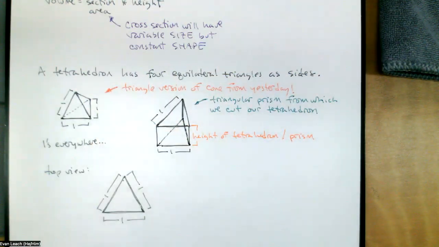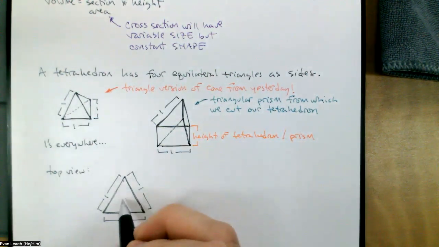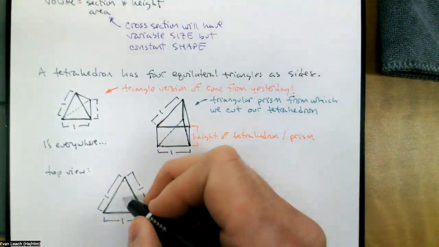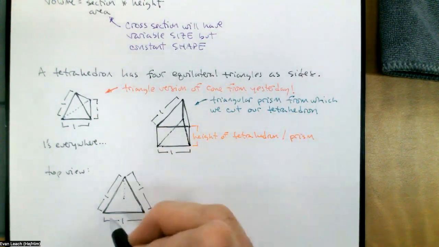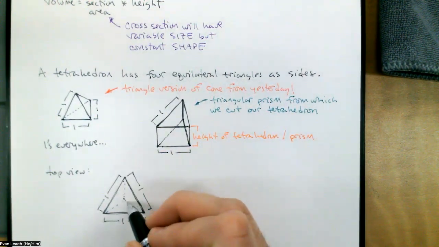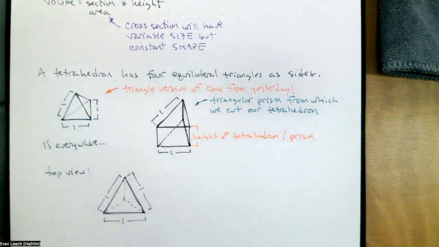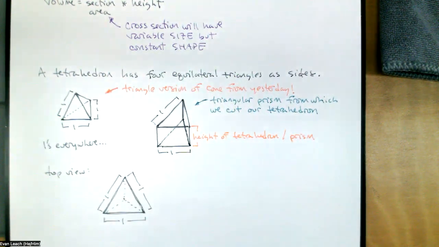For the prism, we would just see the top triangle. For the tetrahedron, we would see the point and the three sides going down to the corners. This means it's kind of easy to calculate the volume of our tetrahedron. I just need the area of this triangle, and then I can multiply that by the height.